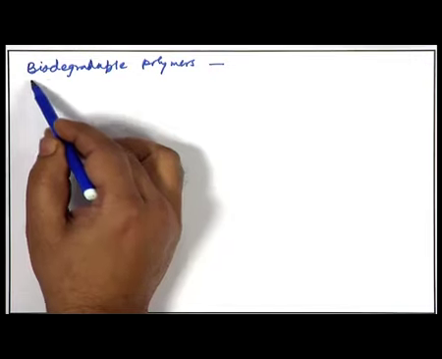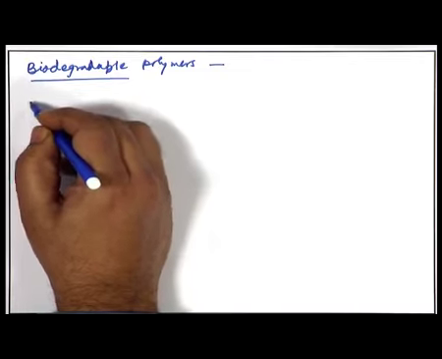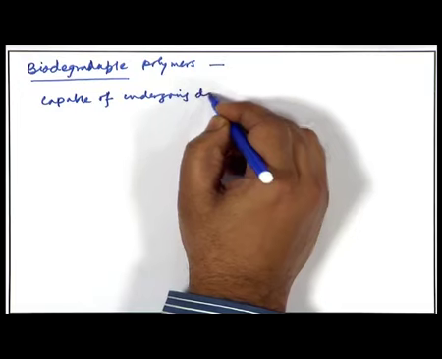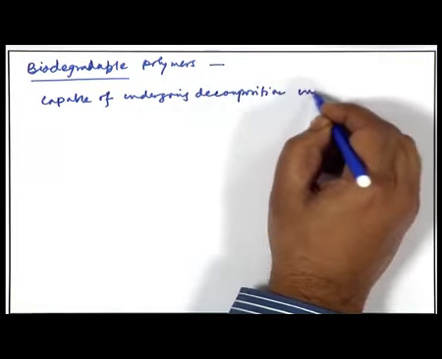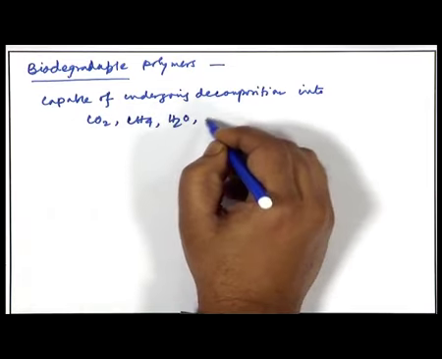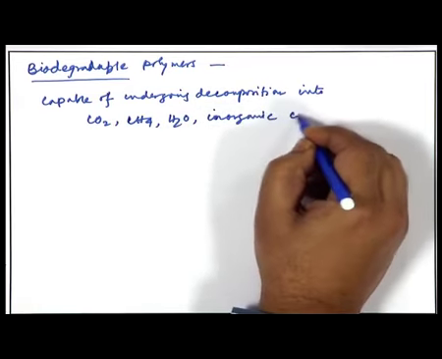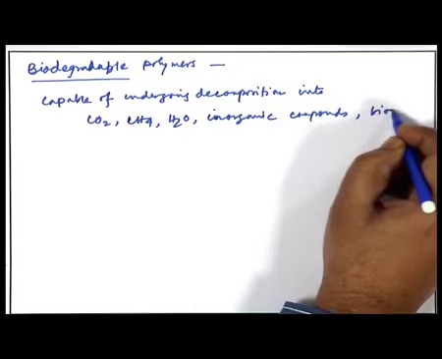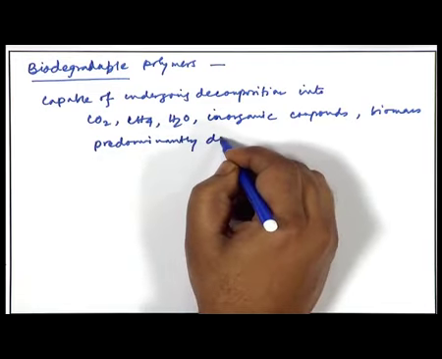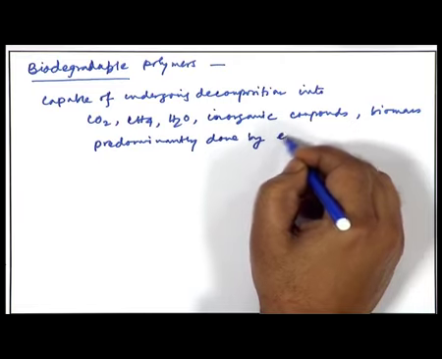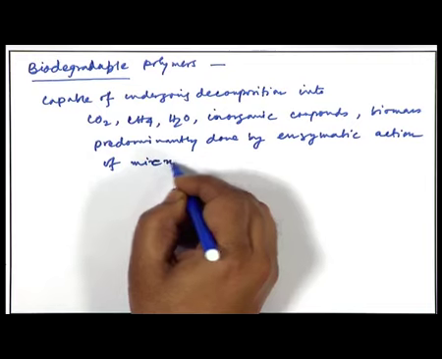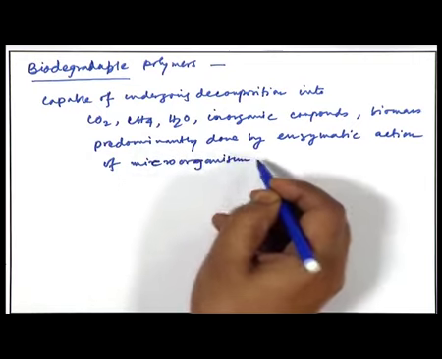And by definition, what is a biodegradable polymer? It is a polymer capable of undergoing decomposition into carbon dioxide, methane, water, inorganic compounds and biomass, predominantly done by enzymatic action of microorganisms like bacteria.